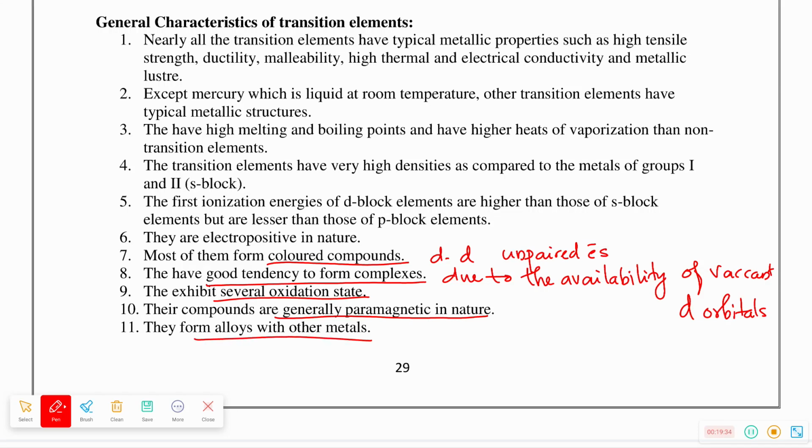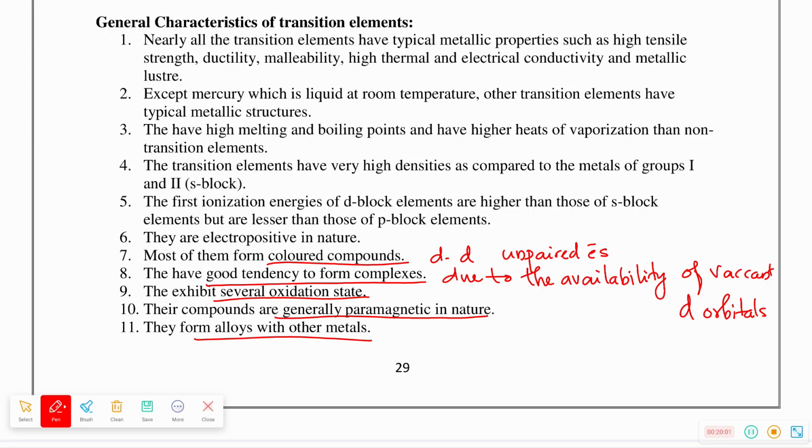And they form alloys with other metals. What do you mean by alloys? A mixture of two or more metals of nearly the same atomic size, nearly the same atomic radii. Blending of metals is called alloys. Two examples for alloys are brass and bronze.